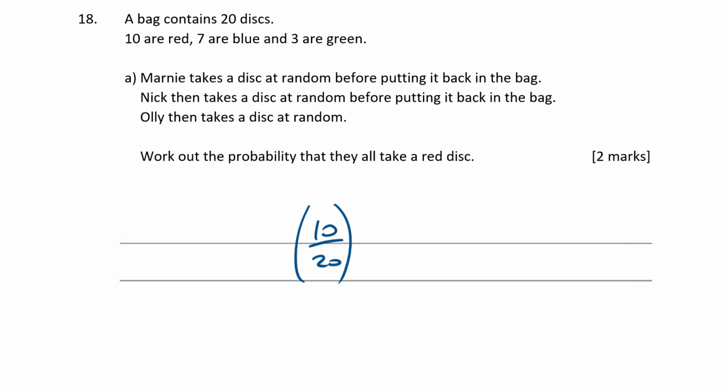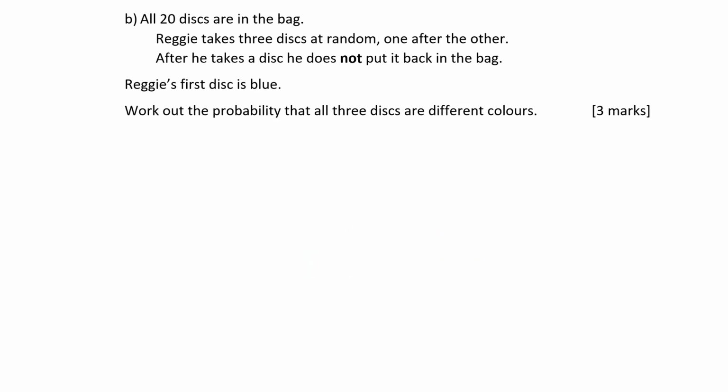So the probability that they all get that is cubing it. So 10 out of 20 cubed. Well, 10 out of 20 is the same thing as 1 over 2, or half. So it's basically a half times a half times a half, which is 1 in 8. So 1/8.